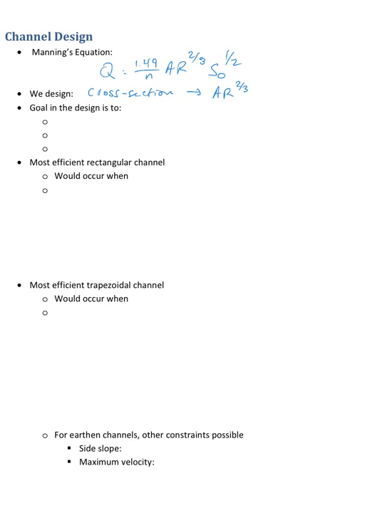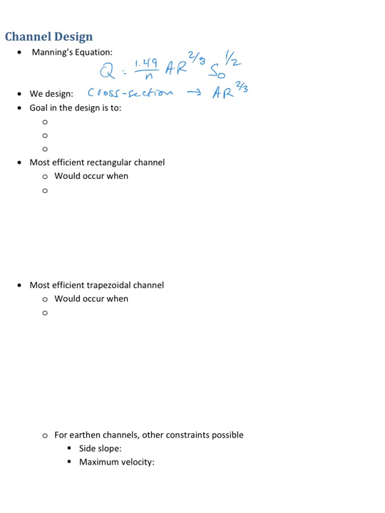Our slope, S sub 0, is often constrained as well, in that we have a place we need to go from and a place we need to go to, and there's a certain distance between those points, and they have a certain elevation difference, and so the slope is what it is. We have a little control over it, which I'll explain in a little bit, but for the most part, that's constrained.